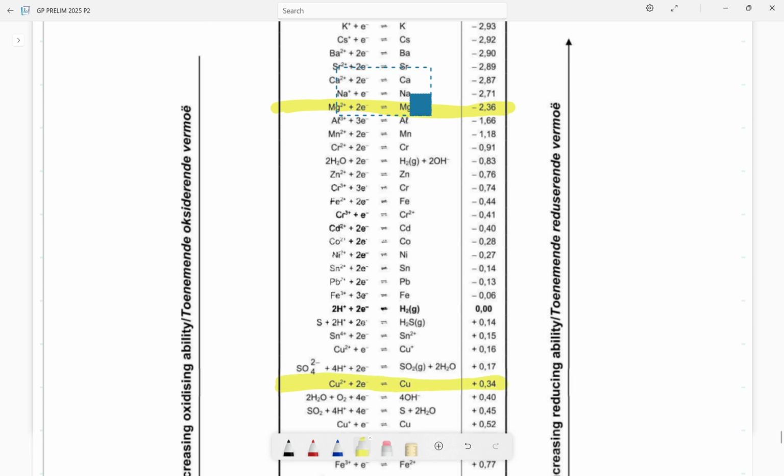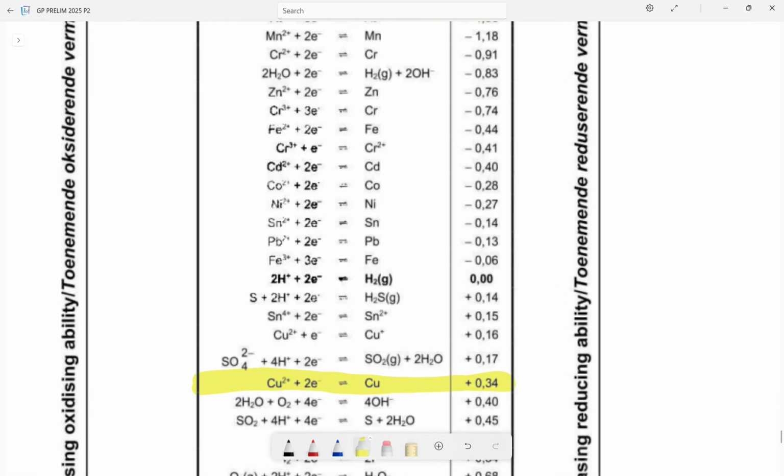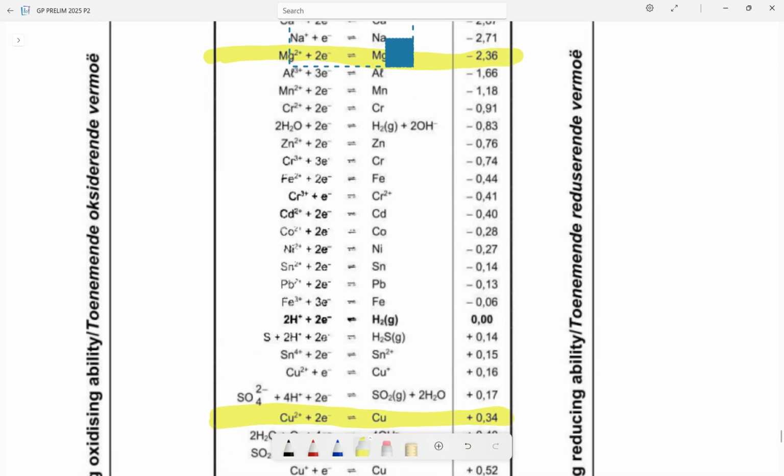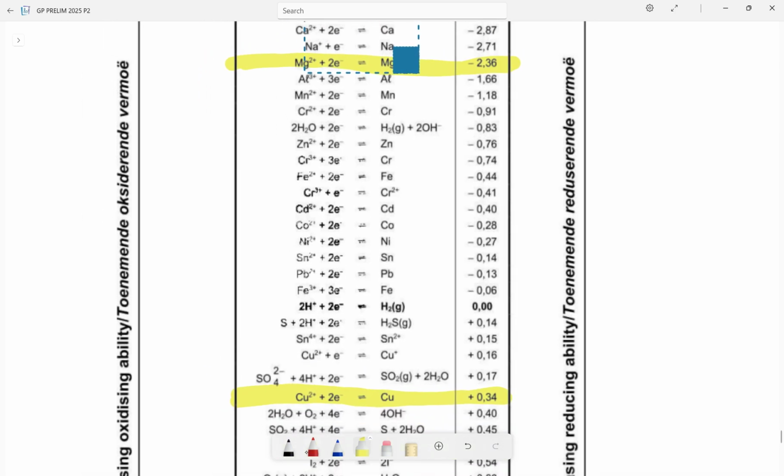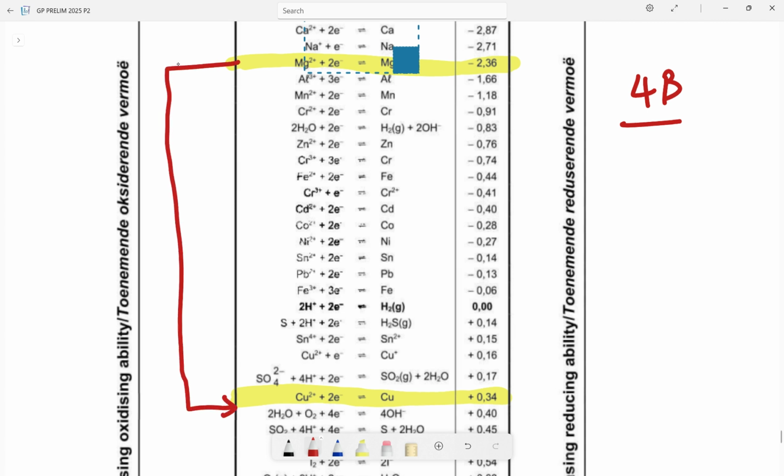Can you see Cu? Not Cu plus or what? This is table 4B. Table 4B, I usually do this. When I go that way, can you see Mg here? It is Mg, and then it goes to that side, it is Mg2 plus.